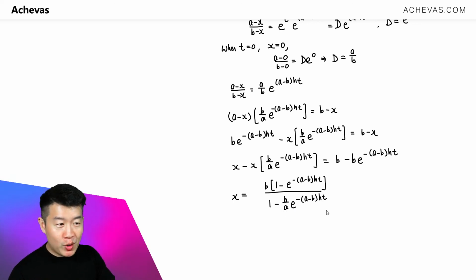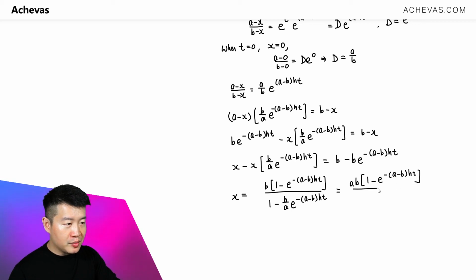Let's do one more simplification because this just looks a little bit weird, right? So let's multiply by a in the numerator and the denominator. So in the numerator, we will have ab(1 - e to the power of -(a - b)ht). And the denominator will be a - b e to the power of -(a - b)ht.